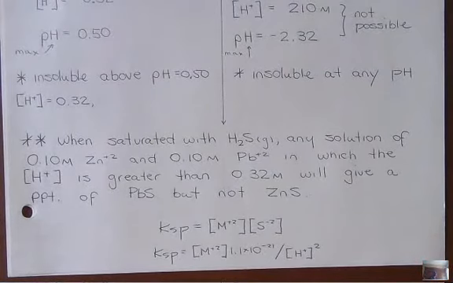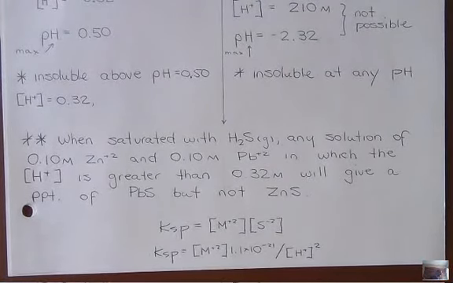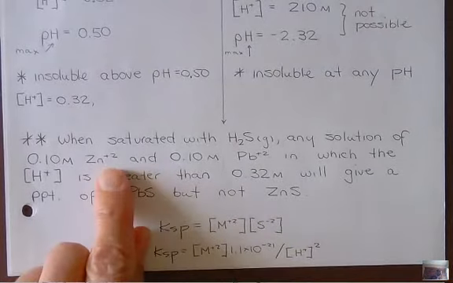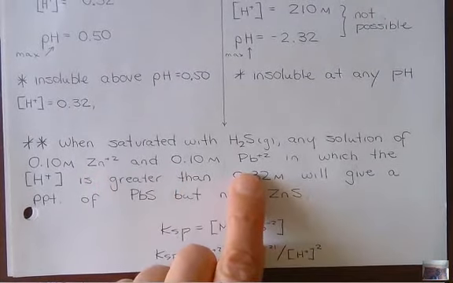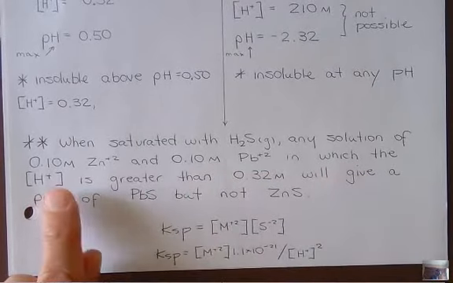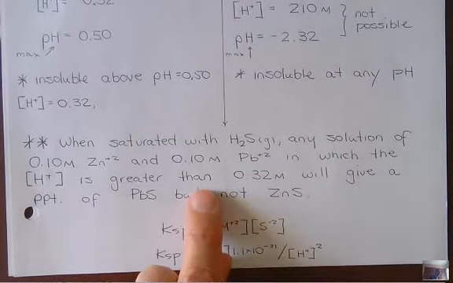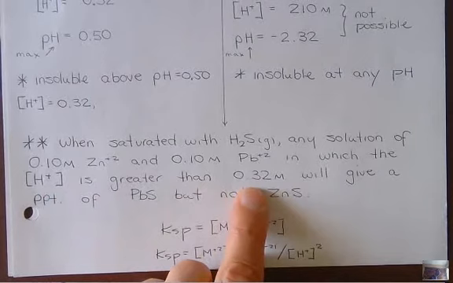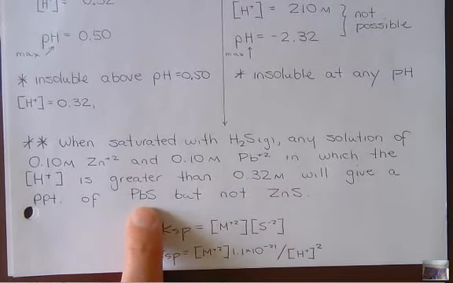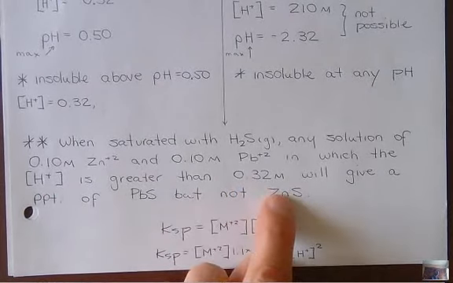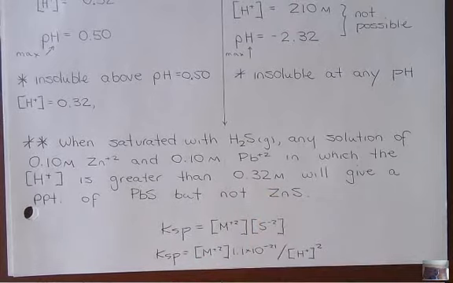So let's read what we have at the bottom here. When saturated with H2S, any solution of 0.1 molar zinc and 0.1 molar lead in which the hydrogen ion concentration is greater than 0.32 will give a precipitate of lead but not a precipitate of zinc. Okay, and how did we get that?